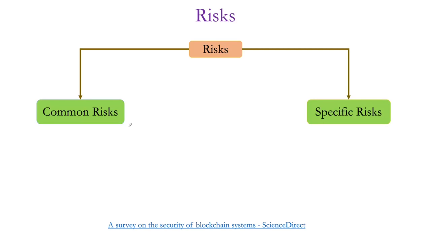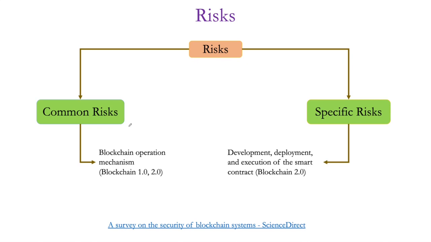So there are some common risks in both cases. In the blockchain technology that we have seen, there are three different versions. One is blockchain technology 1.0, and another is blockchain technology 2.0, where blockchain technology 2.0 executes smart contracts, whereas blockchain technology 1.0 operates based on proof of work and those things.